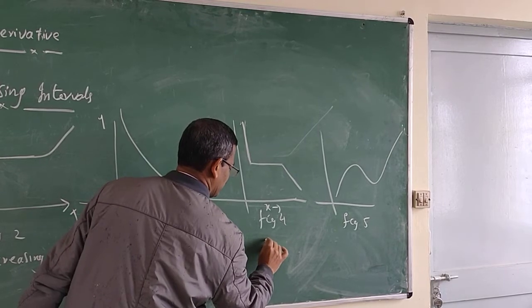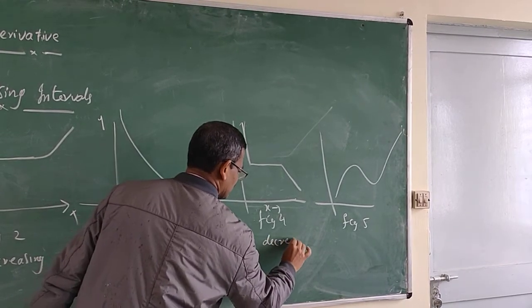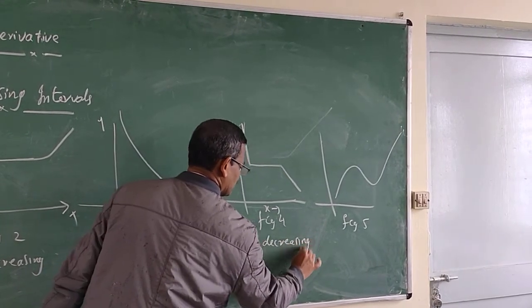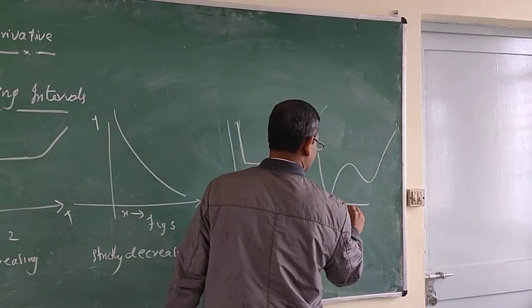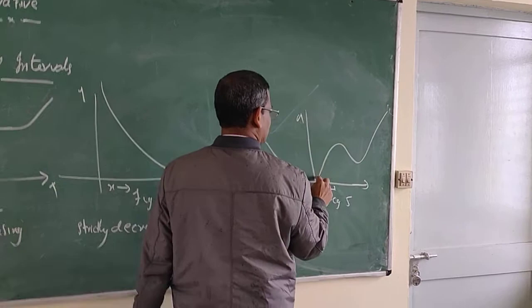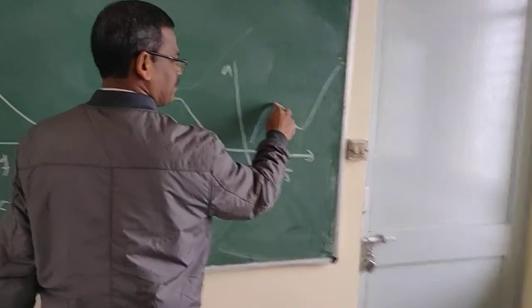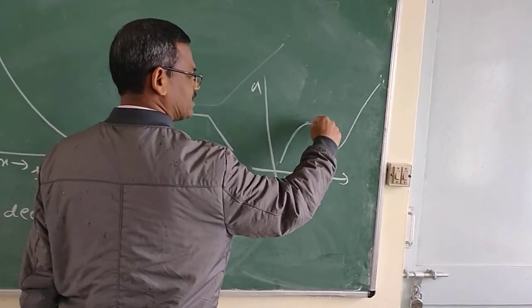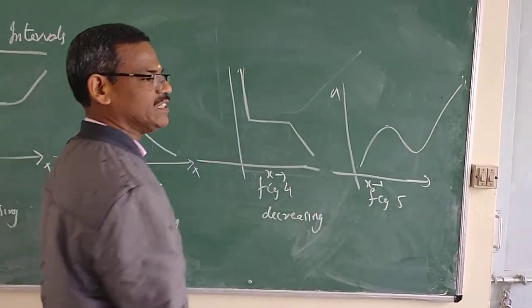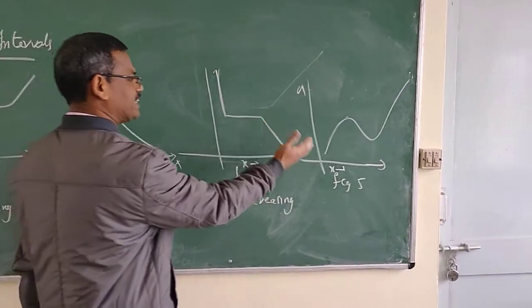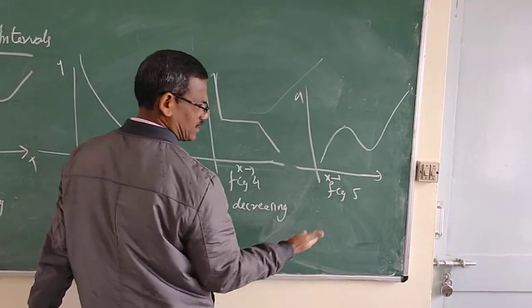So it is decreasing. And see here, when x increases, y increases, but again as x increases, y decreases. So sometimes it increases, sometimes it decreases. So it is neither increasing nor decreasing.